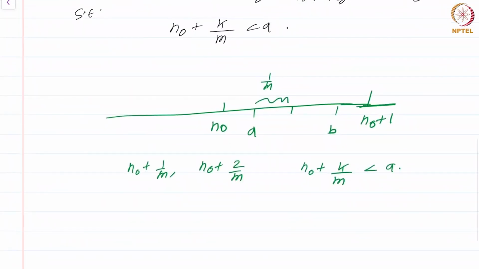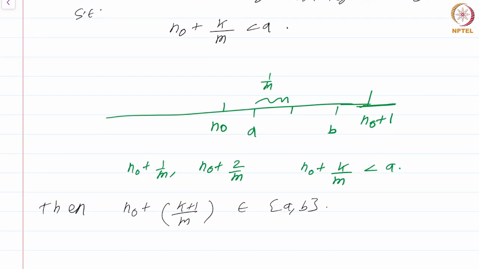Now, we know that n naught plus k by m is less than a. That means n naught plus (k plus 1) by m will necessarily have to belong to (a, b). Why is this the case? Because n naught plus k by m is less than a, and 1 by m is less than (b minus a) by 2.